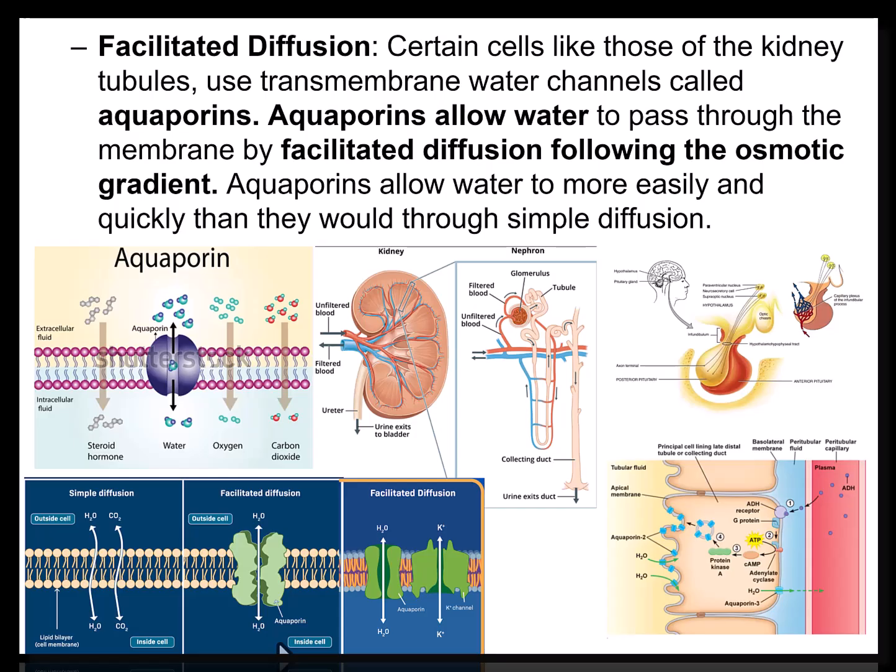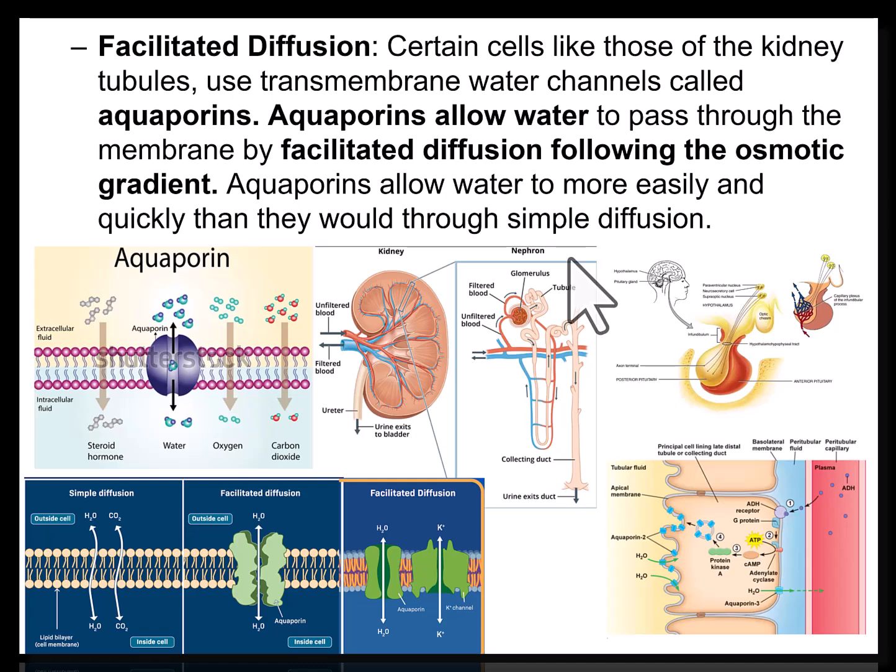But they're using aquaporins, which means that these aquaporins are acting in facilitated diffusion to move that water. These aquaporins allow water to move more easily and quickly than they would if they only had simple diffusion.